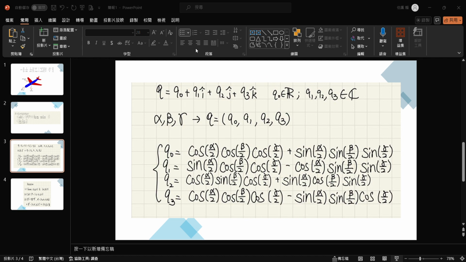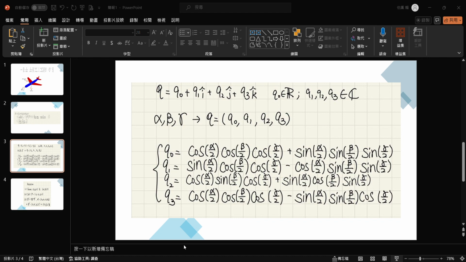We can see that if we are given the position of the vector we want to use, and the rotating angles alpha, beta, gamma, and we set the vector to 0, x, y, z, then p prime is q multiplied by p and q inverse, where q inverse is q0, minus q1, minus q2 and minus q3.